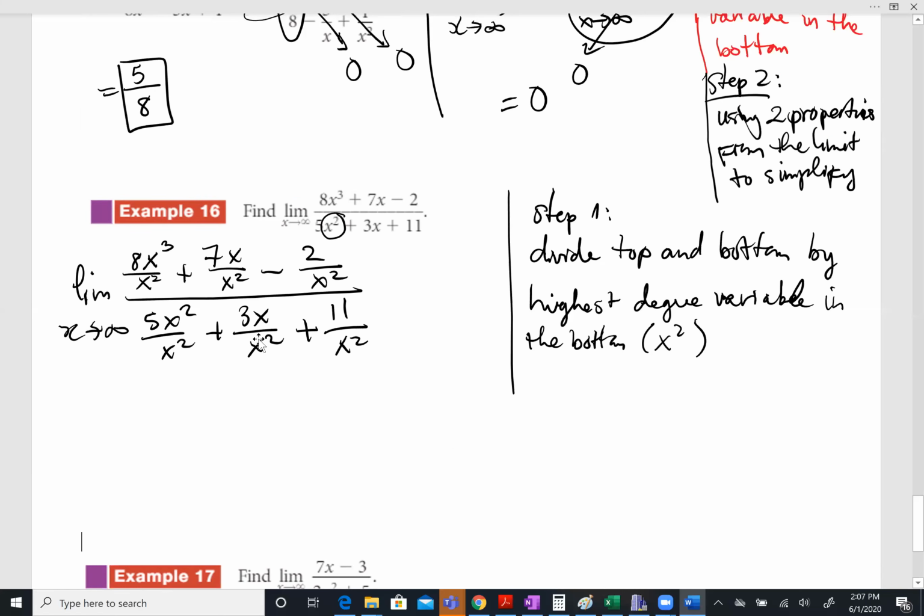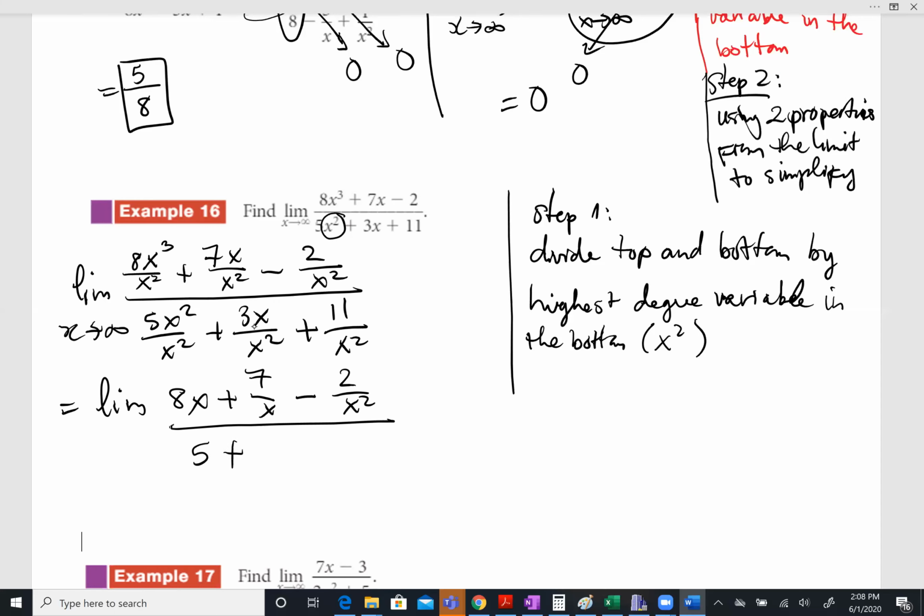Okay, now it's time to simplify. I have still the limit. Now 8x cubed over x squared is going to be 8x plus 7 over x minus 2 over x squared, and the bottom will be 5 plus 3 over x plus 11 over x squared.